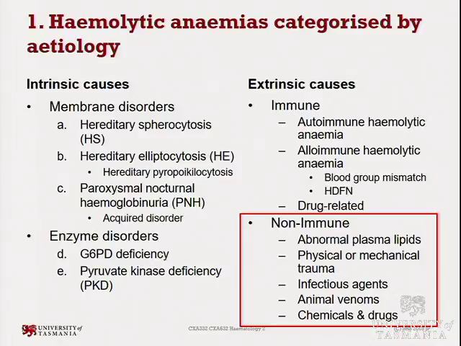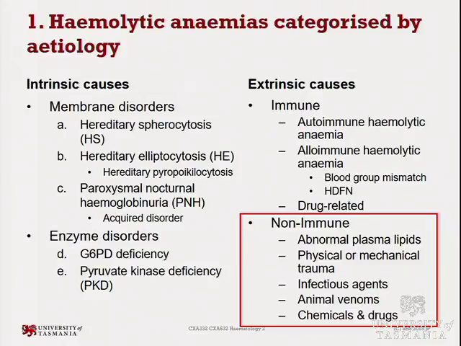They're either antibodies directed against self that can be warm or cold, and in 60% of cases they're idiopathic, which means the primary cause is unknown. In 40% of cases they are secondary to some underlying disorder, often a lymphoproliferative disorder, but it can also be secondary to some sort of bacterial or viral infection.